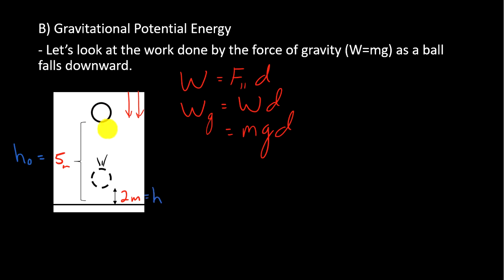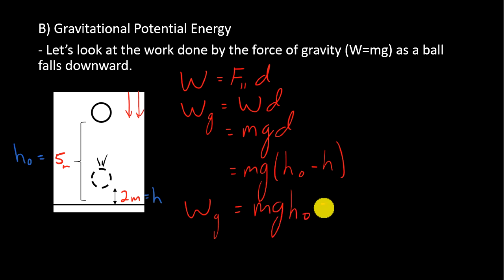It traveled, in this example, 5 minus 2, but more generally it traveled h0 minus h. Well, the work done by gravity, if I just distribute, is mgh0 minus mgh. Voila! There's my expression.